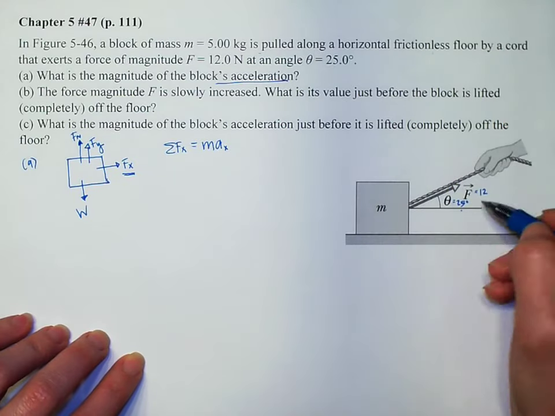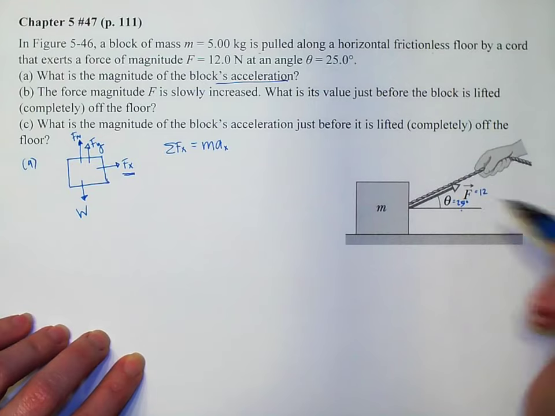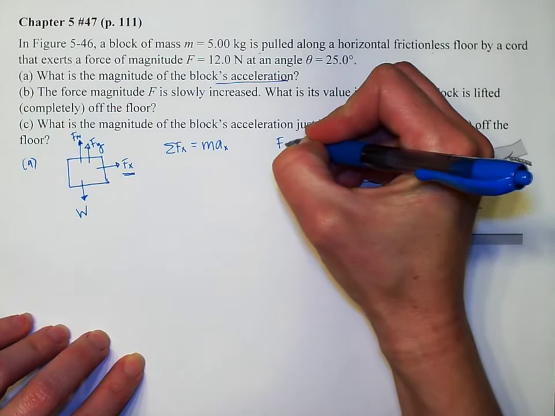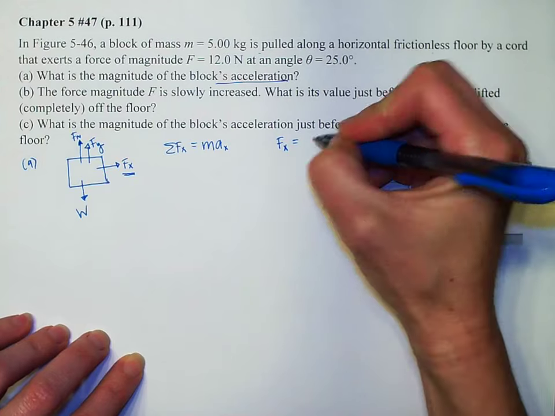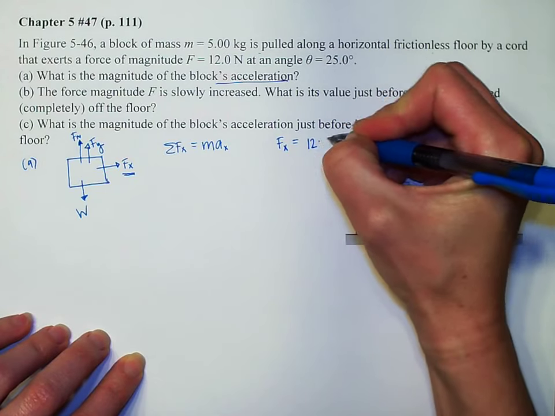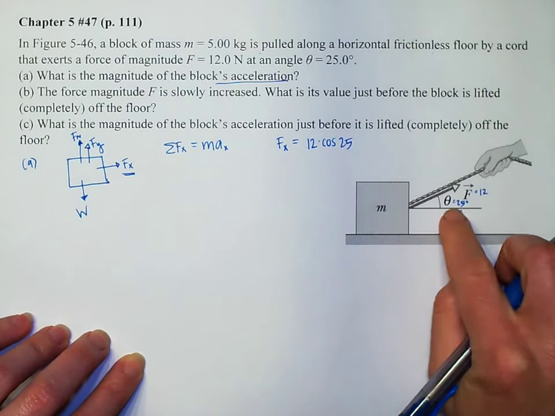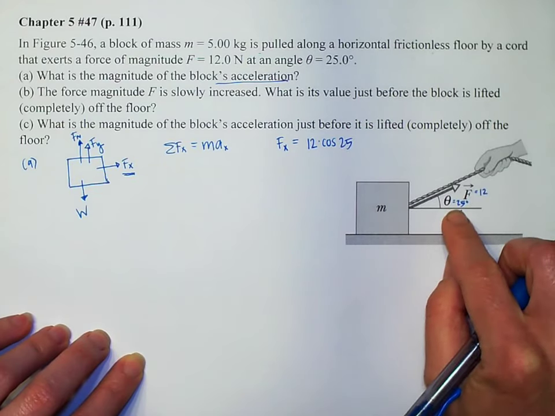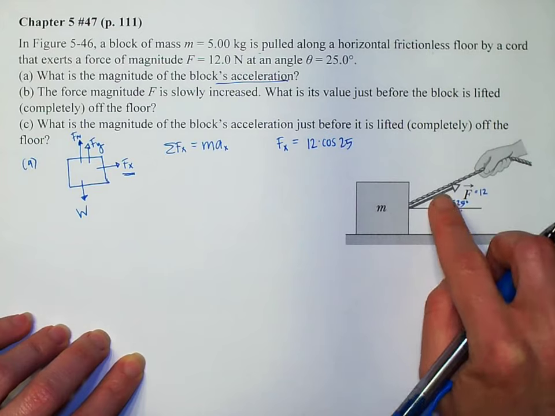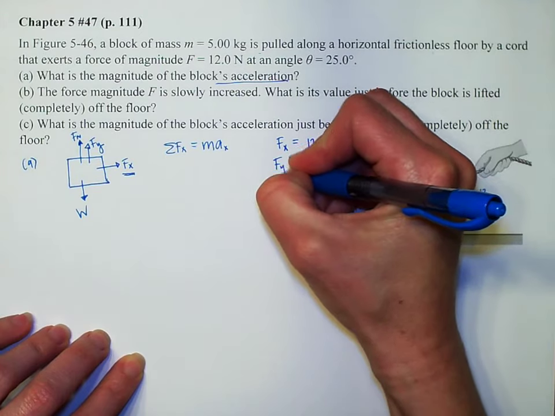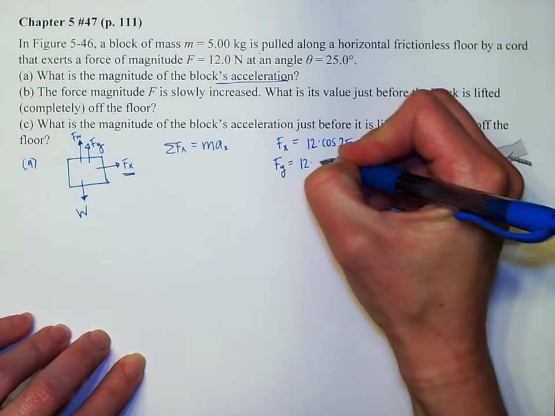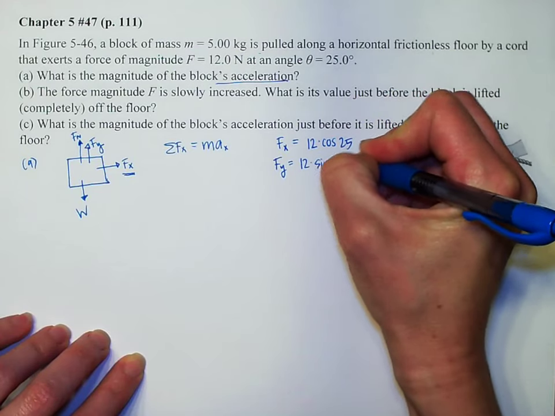So we already knew that the magnitude of this is 12 and the angle here is 25. So I'm going to write out what we know. So Fx equals 12 times cosine of 25, because it's the component right here close to the angle. And then Fy, of course, is going to be 12 times sine 25.